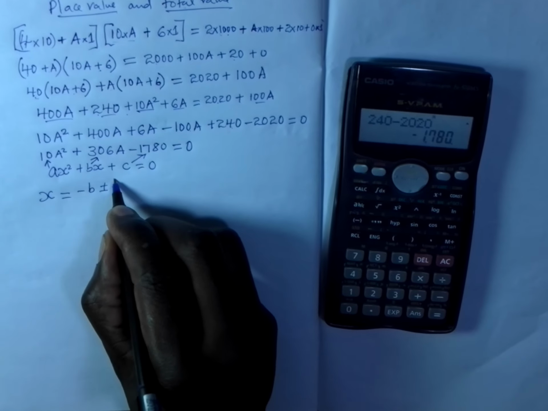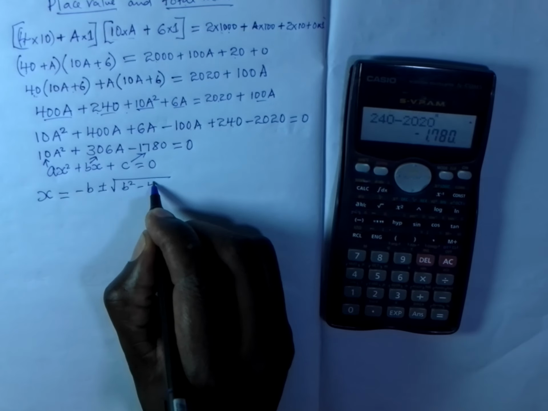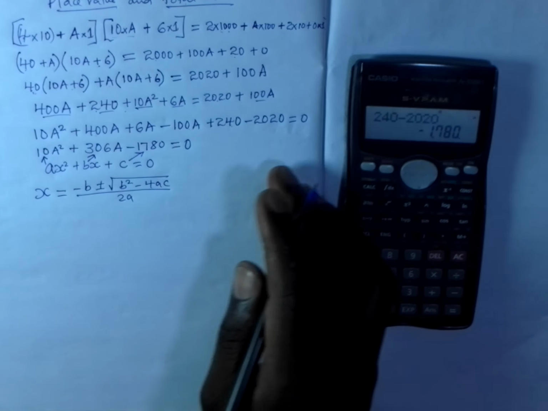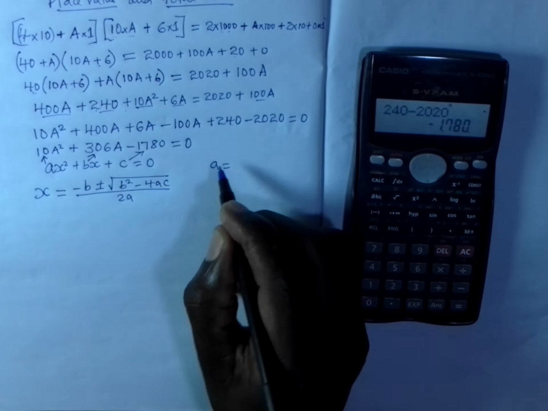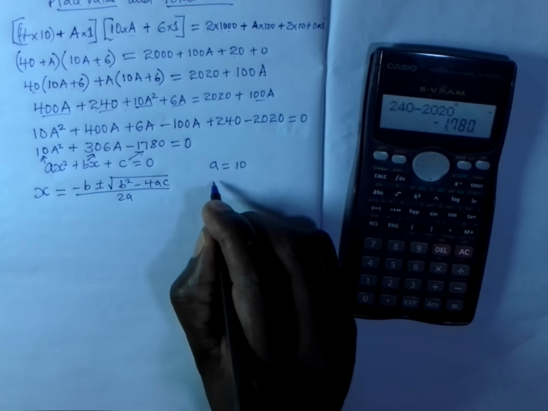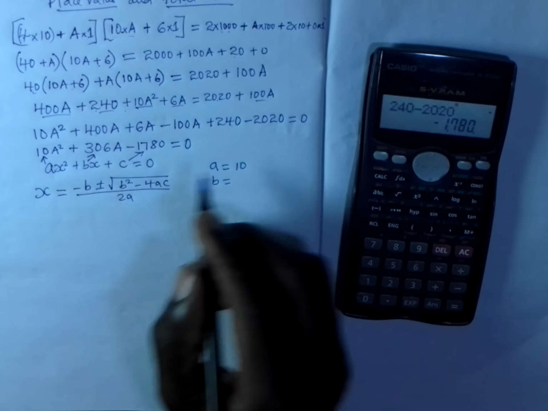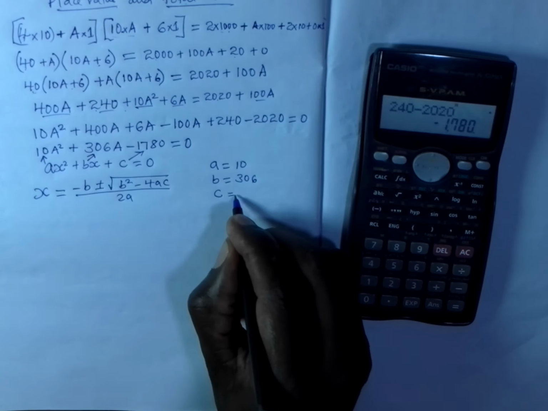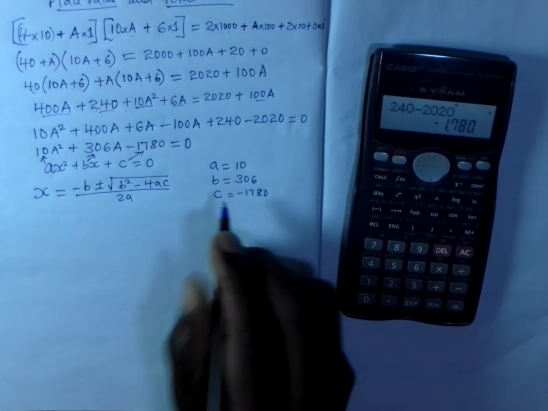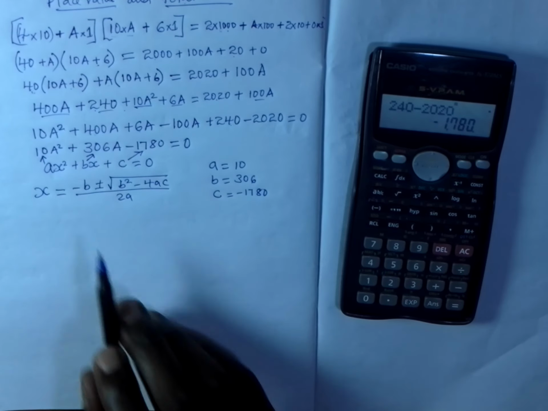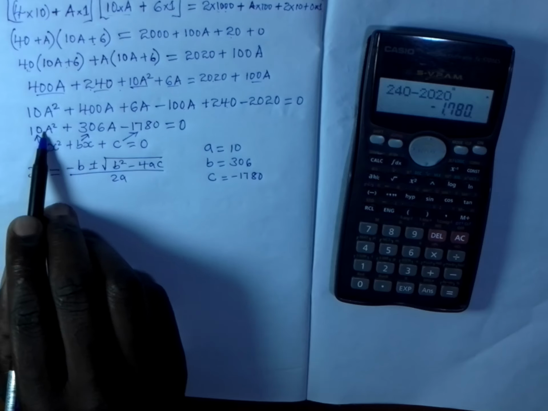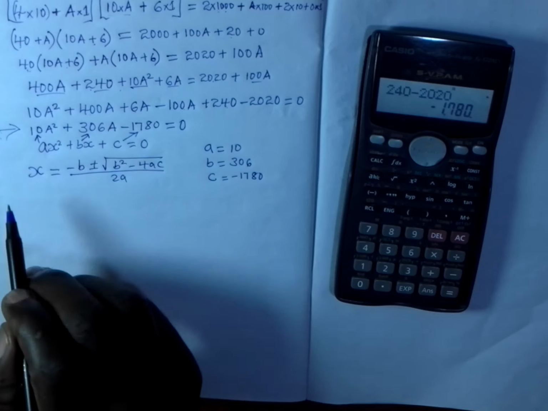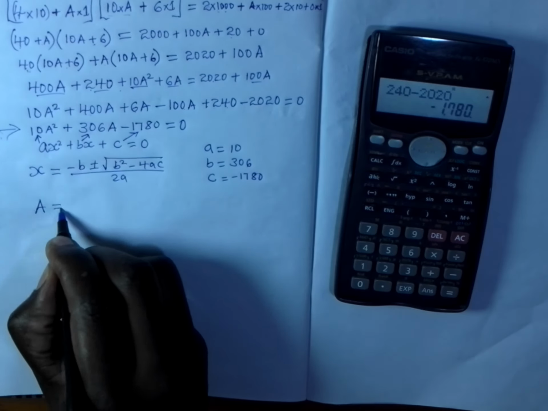So let me rewrite the quadratic formula. So that is it, whereby a is 10, b is 306, and then c is negative 1780. So we substitute into the quadratic formula, and in this case we are solving for this equation whereby the value of a corresponds to x, so we need to find the value of a.